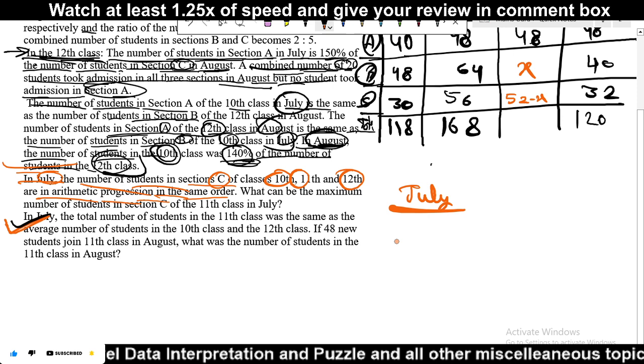And what can be the maximum number of students in section C? Clearly this maximum is for the 11th class in July. If you have read arithmetic progression, it is a chapter in 10th class, if you remember.